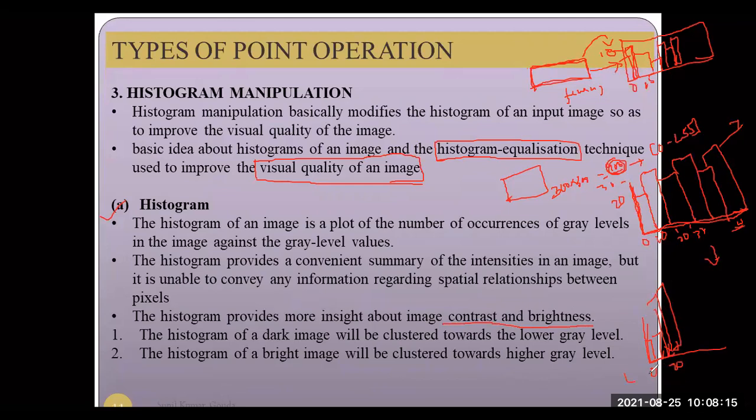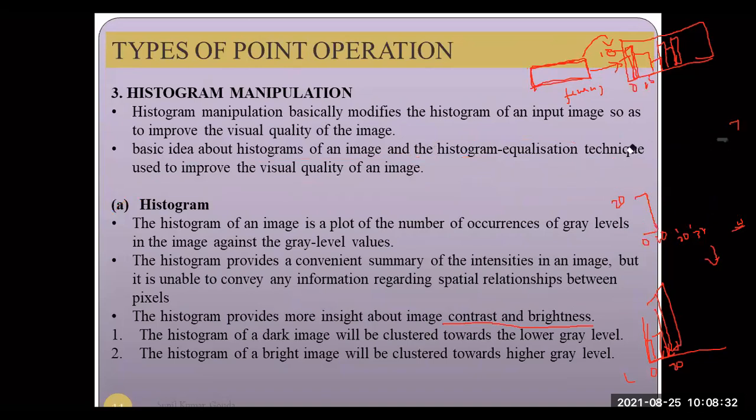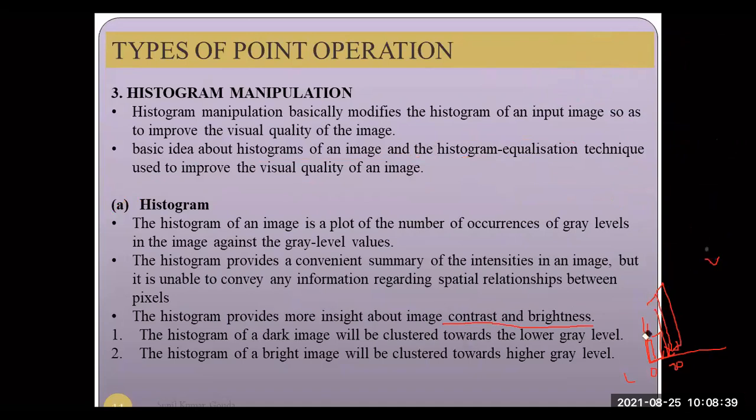Your histogram will cluster towards the brighter end, because when we represent the histogram, we represent it in terms of intensity level. Okay, so let me show an example of how we will represent it.